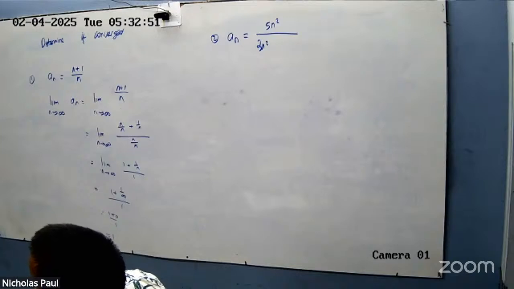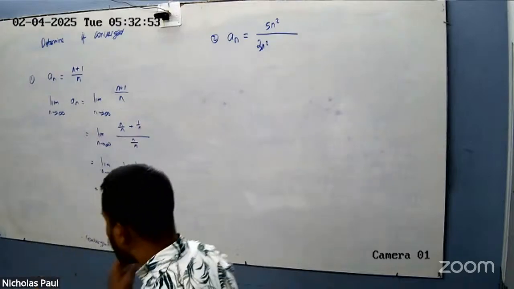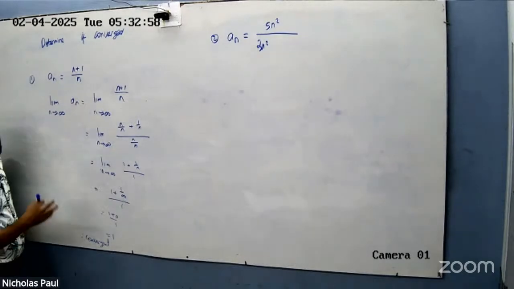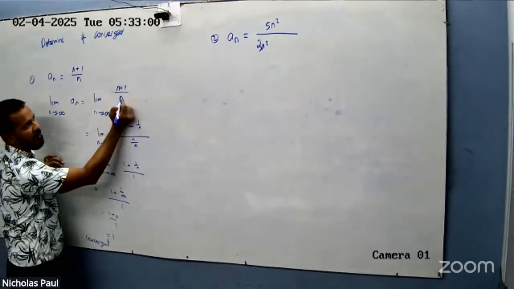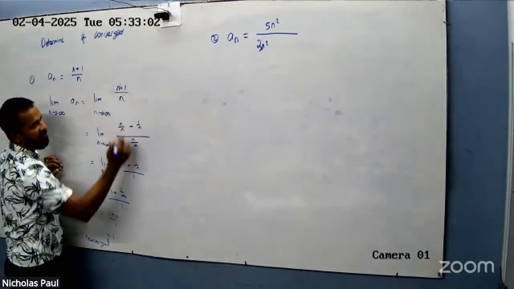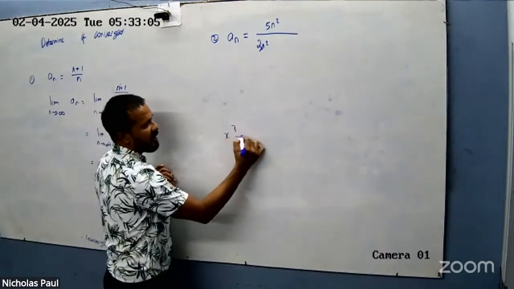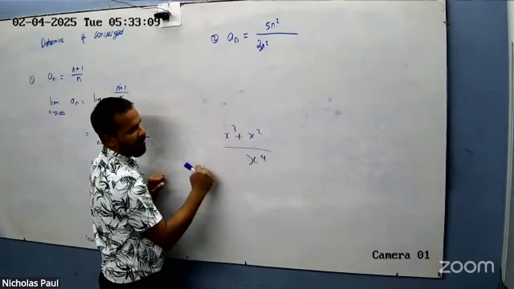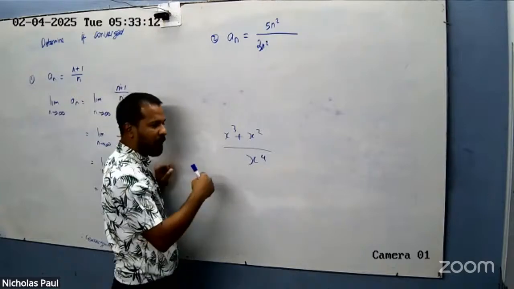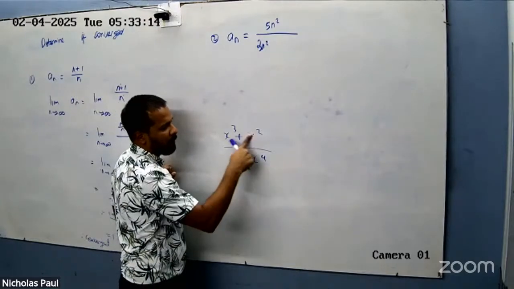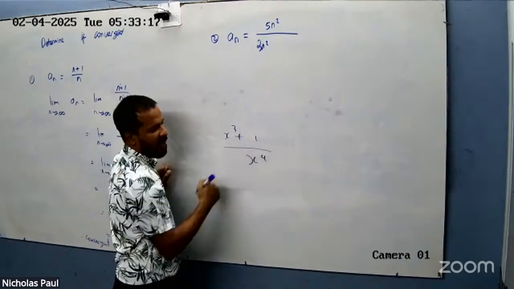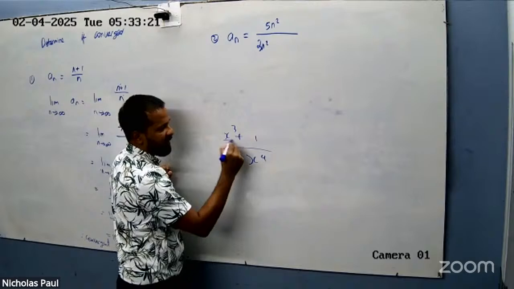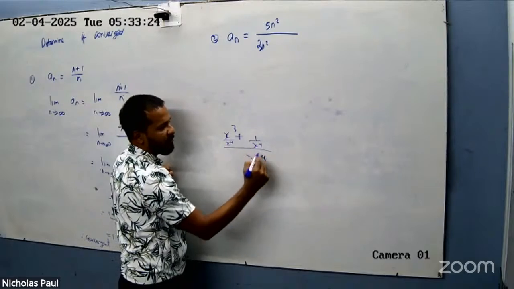So how is n the highest power? Well, I should say divide by the highest power of x or the variable. The highest power of n here is 1, so you're dividing everything by the highest power. For example, if I had this and I can't factorize, the highest power of x here is 4, so you're dividing everything by x to the 4.